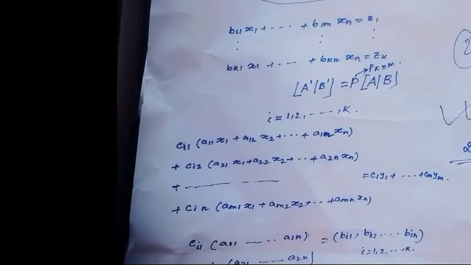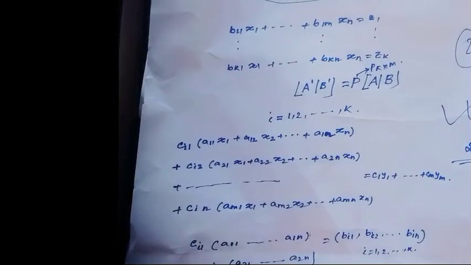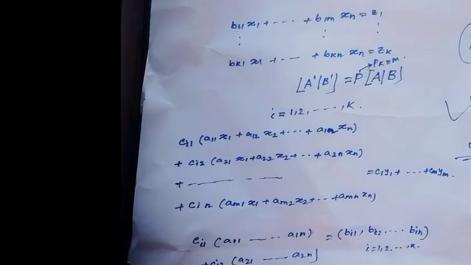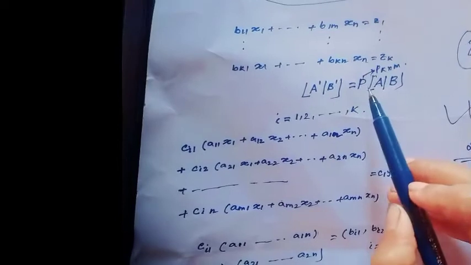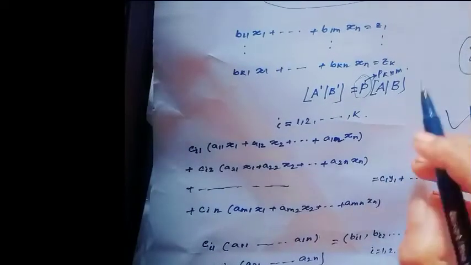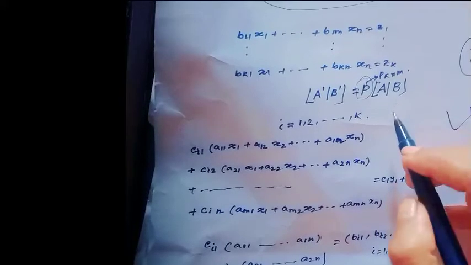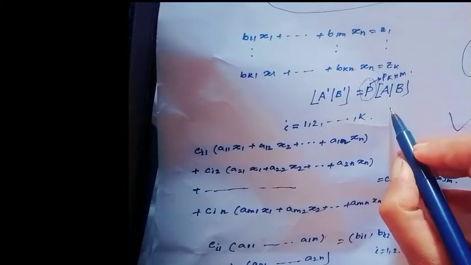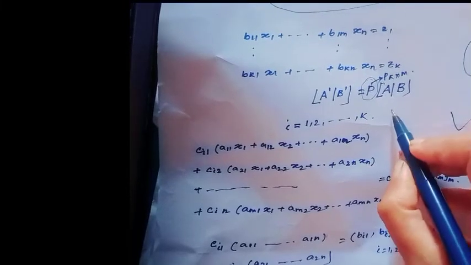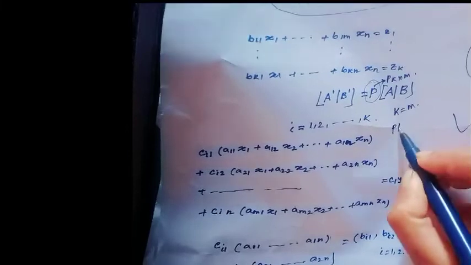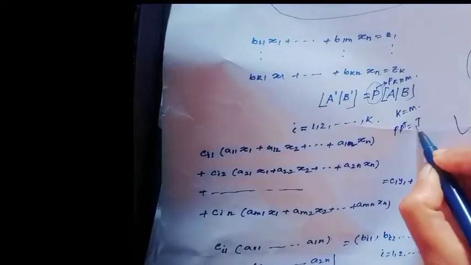Have you understood why the definition B equals P inverse A P has been used? Because of this, and obviously this P would be invertible. That means we all know invertible would be such a time when K equals M, then P inverse times P is obviously the identity.